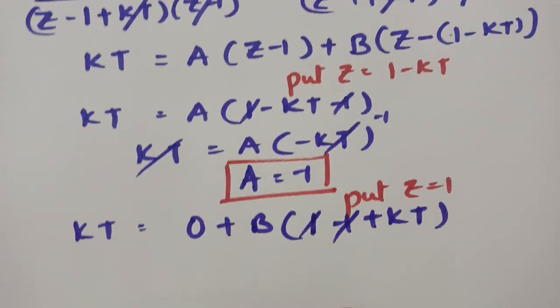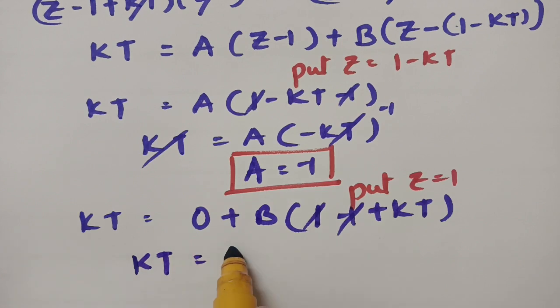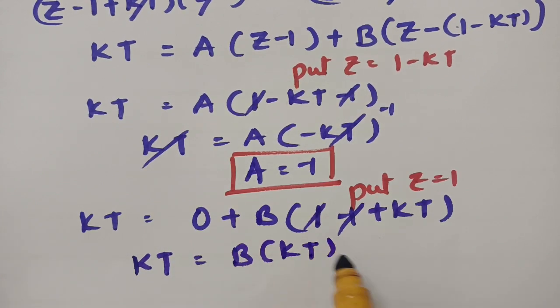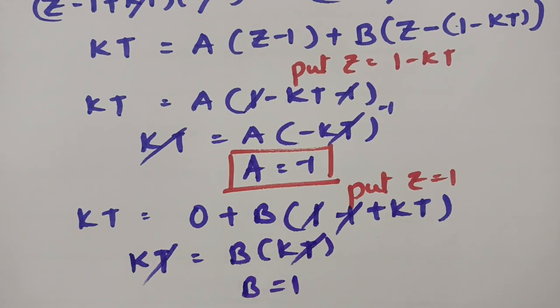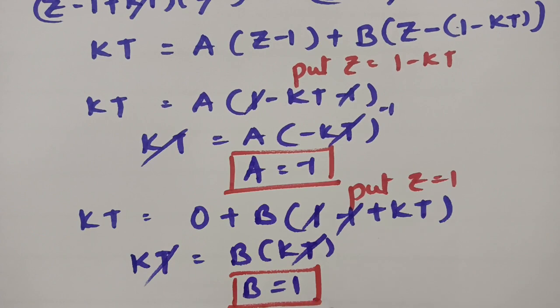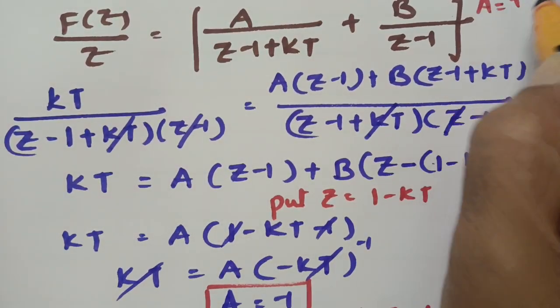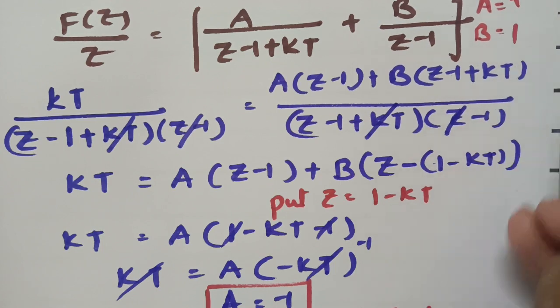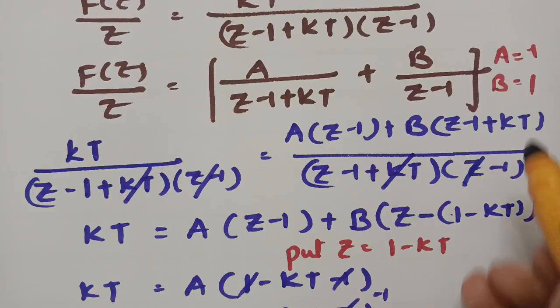Minus 1 plus 1 gets cancelled, and therefore kt is equal to B times kt. If I cancel kt, our B value is equal to 1. So I got A as minus 1 and B as plus 1.